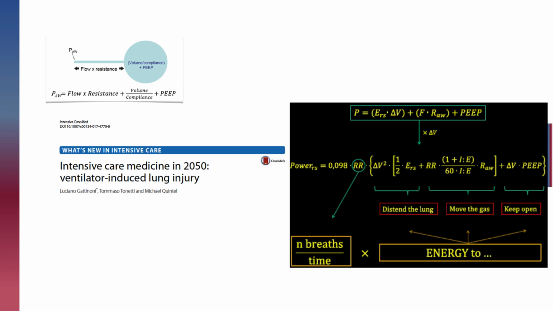That's what has changed in our understanding of lung injury, because the faster we ventilate patients, the higher the risk of this harmful force delivered to the lung. The risk of lung injury increases the higher the frequency at which we deliver this force to the lung.